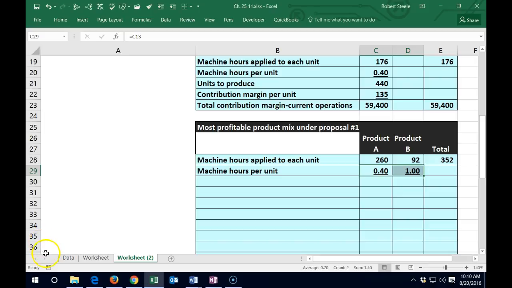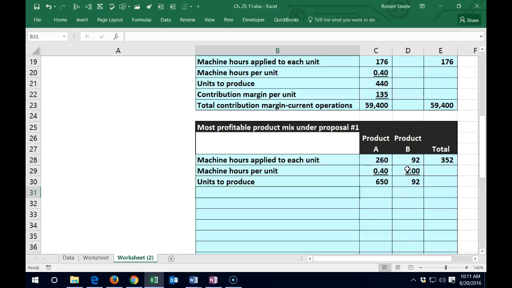So that's going to give us the units produced. Units to produce will equal the 260 divided by the 0.4, and that's going to give us that 650 again. So we're back to that 650. That's the maximum we believe we could sell. Then the 92 divided by 1 gives us the 92 that we're going to sell in excess of product A.